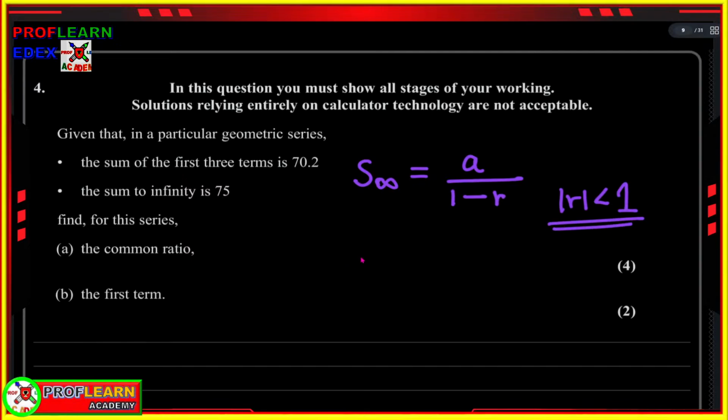And for a geometric series, we know that the nth term is going to be a r to the power n minus 1.